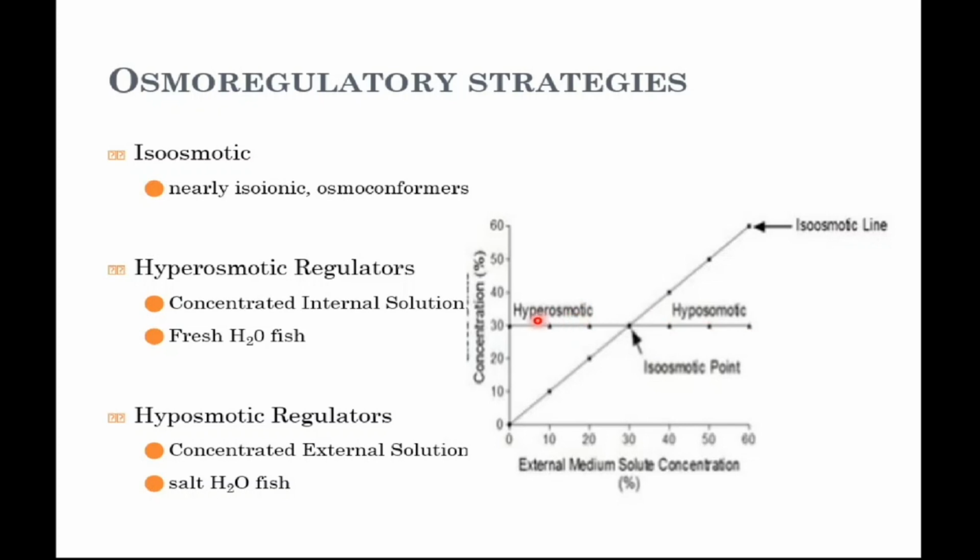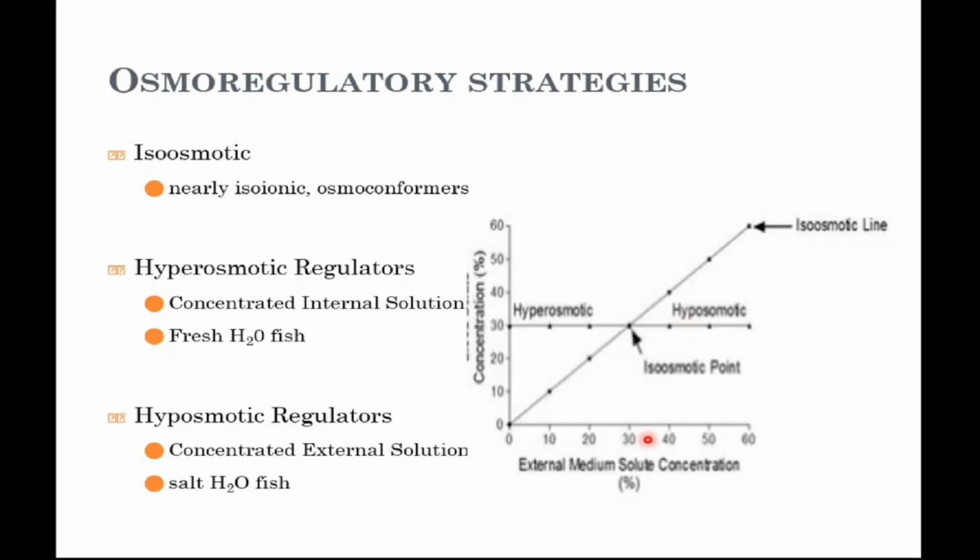Here in this example, you see the hyperosmotic: when their external environment has 0% salts, their internal body still has 30% salts. The external environment goes to 10%, 20%, 30%, and their internal environment is still 30%, right? So they are hyperosmotic. Here, the internal body has more salts and the external water has fewer salts. But when we come to the hypoosmotic animals, they again have 30% salts, right?